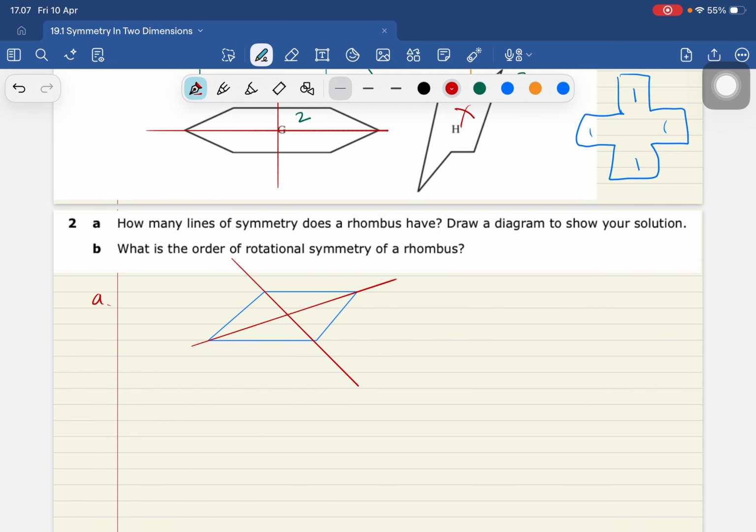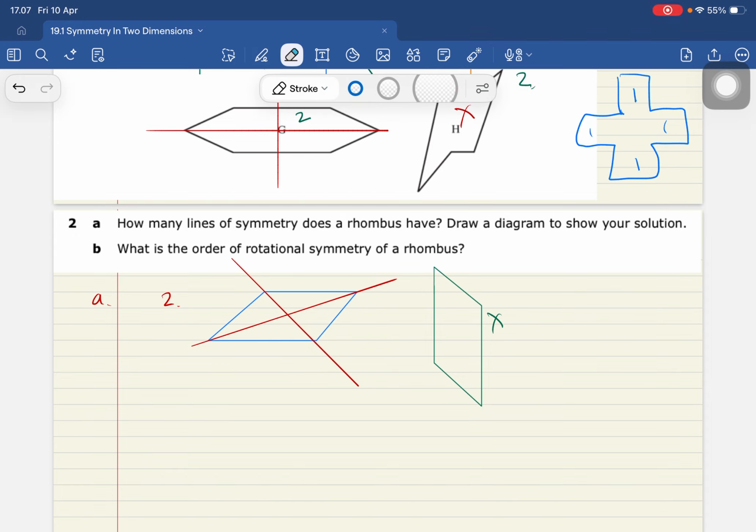So A, only 2. Now what is the order of rotational symmetry of the rhombus? We rotate again. Okay, I can draw it. Here is the first rotation. It's going to be like this. So here, we do not count it.